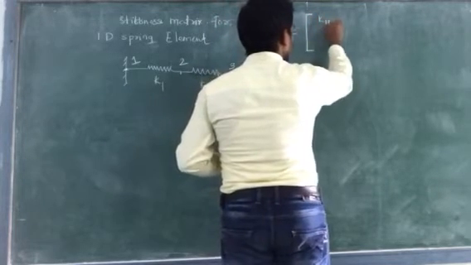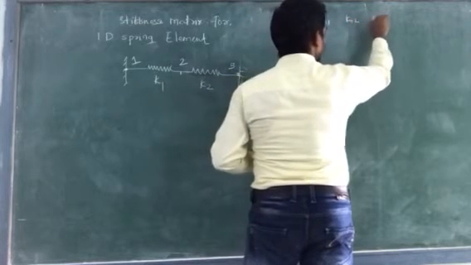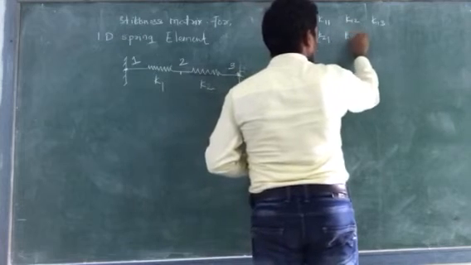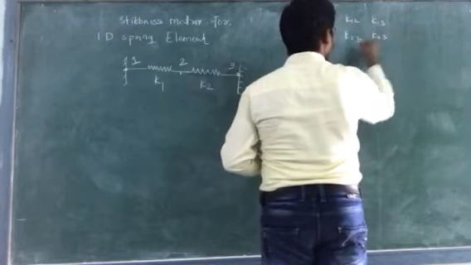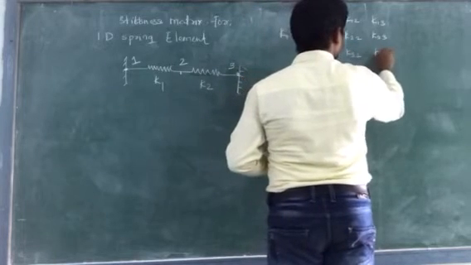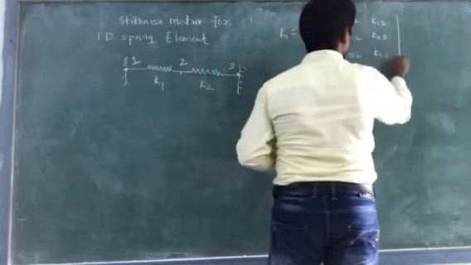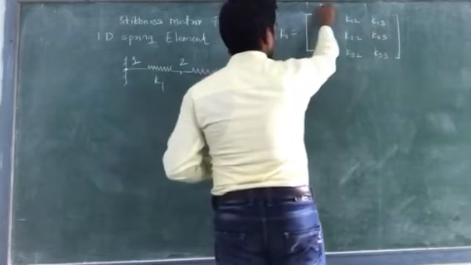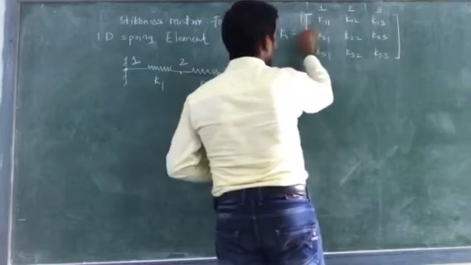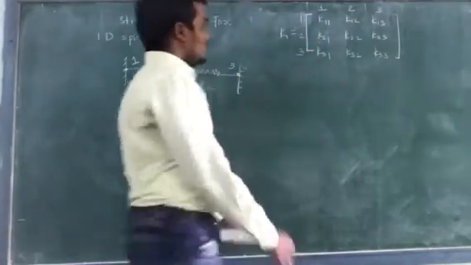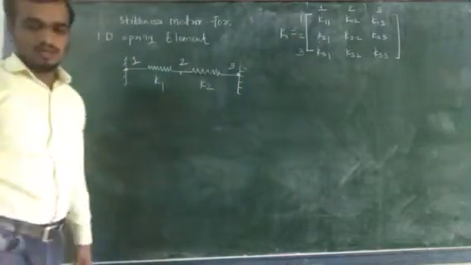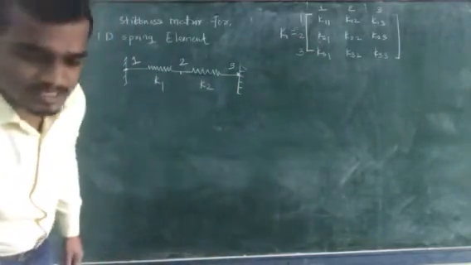So this is your K11, K12, K13, K21, K22, K23, K31, K32, K33, and its positions are 1, 2, 3, 1, 2, 3. Okay, this is the reference I have written at the corner.